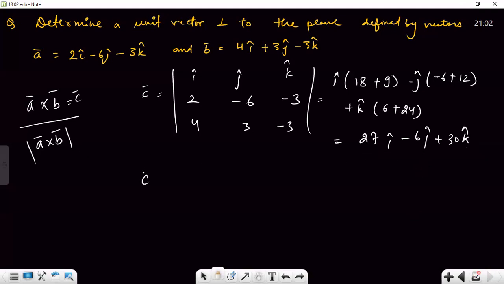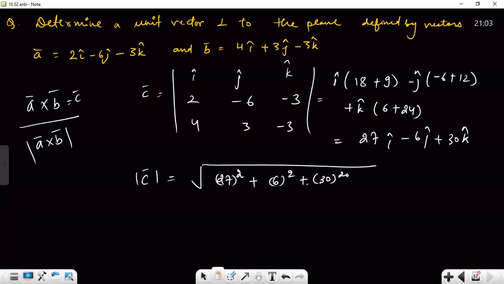Let's find out its magnitude. So 27 square plus 6 square plus 30 square. Instead of finding this much, we can take something common. We can take 3 common from every term.